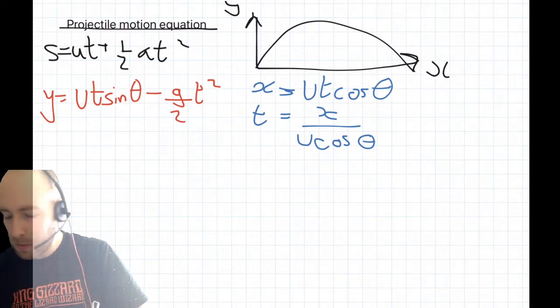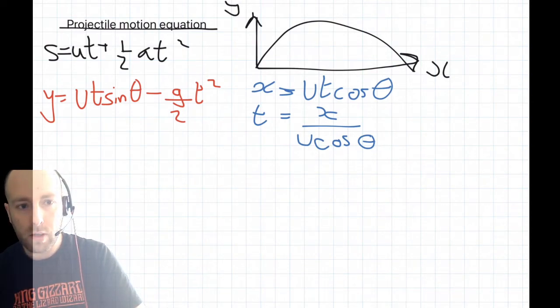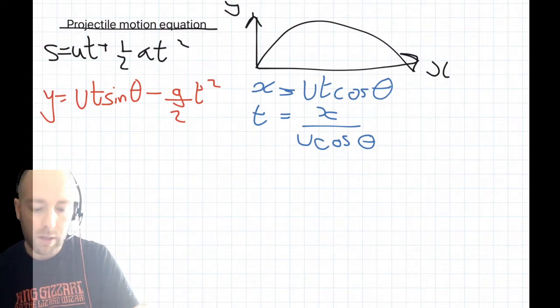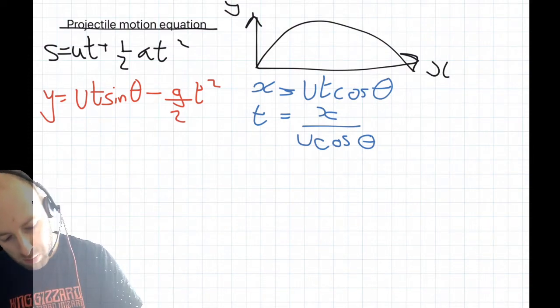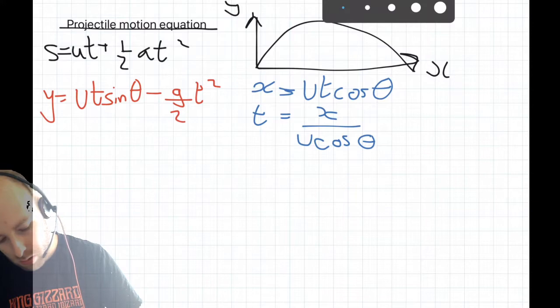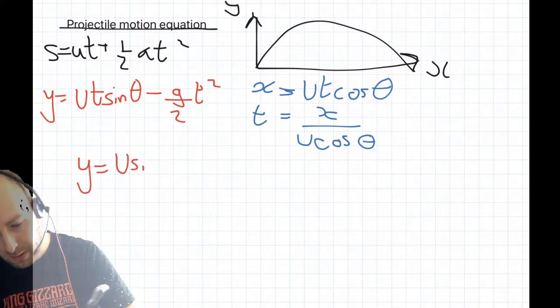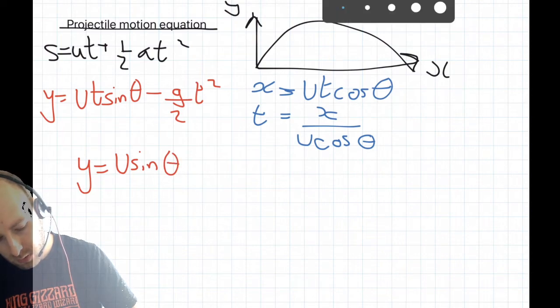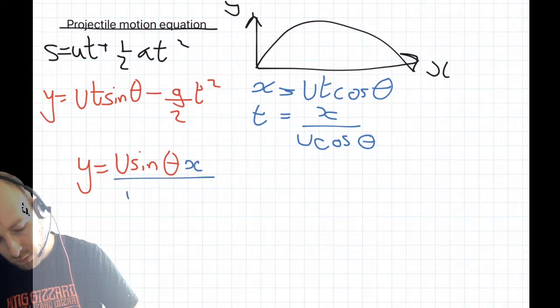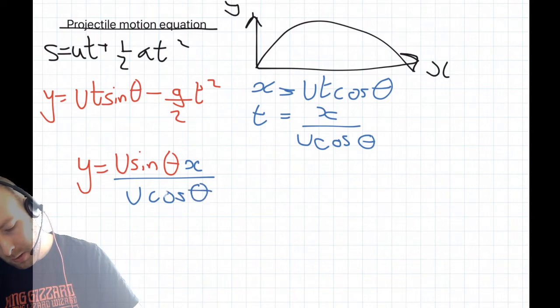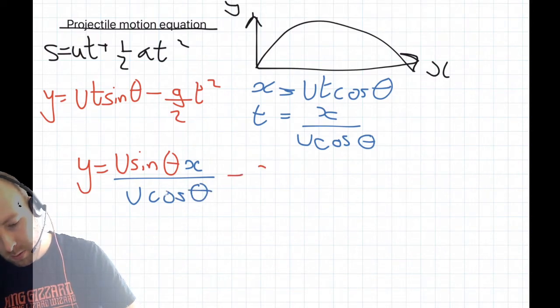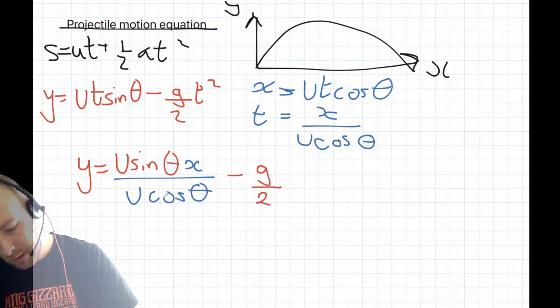So I'm going to put t that I've rearranged for into the red one. So we get y equals u sine theta times t, where t was x over u cos theta, minus g over 2 t squared, where t is x over u cos theta.